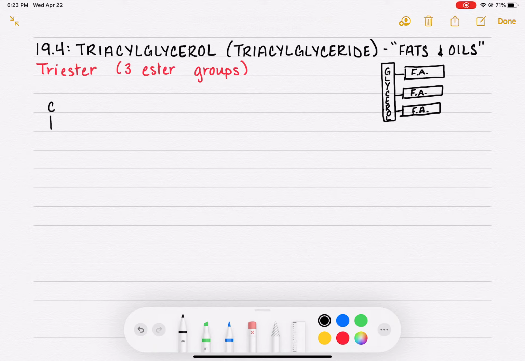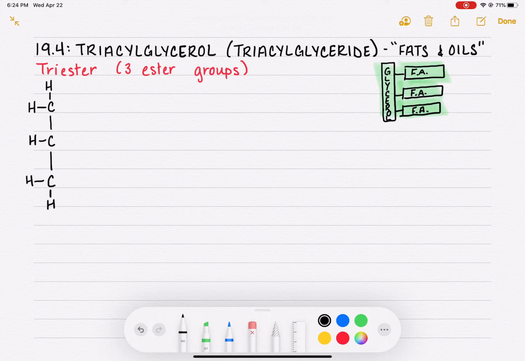So let's draw the structure of the glycerol and fatty acids so we can see what this looks like. Glycerol is three carbons in a row, and the first and last carbons each have two hydrogens on them. The carbon in the middle has one hydrogen, and I'm drawing it up and down like this specifically so that we can make it match this cartoon structure that we have.